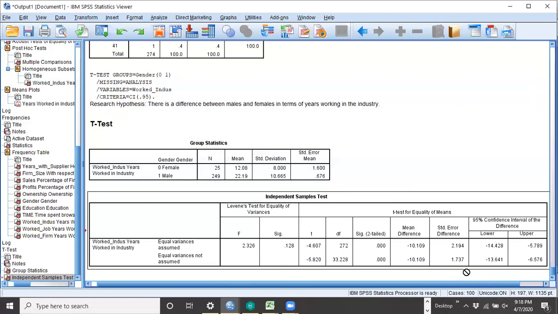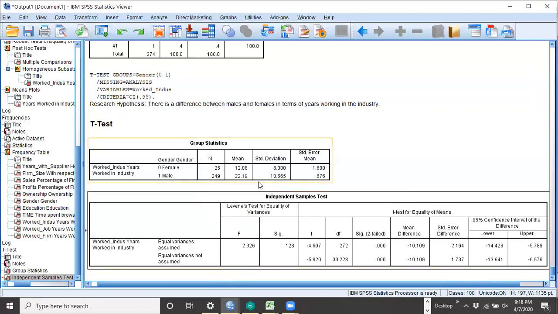But again, I don't know that. I'm hypothesizing here about what may be happening. This could be a basis for the next hypothesis to see if, in fact, females are younger than males. Okay, so that is sort of what you would be looking for.